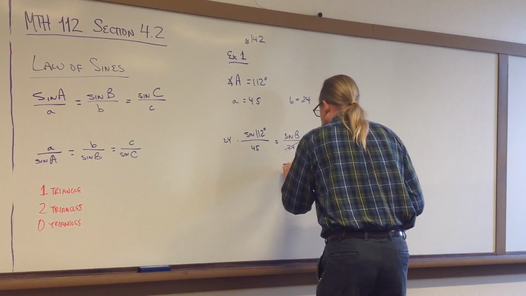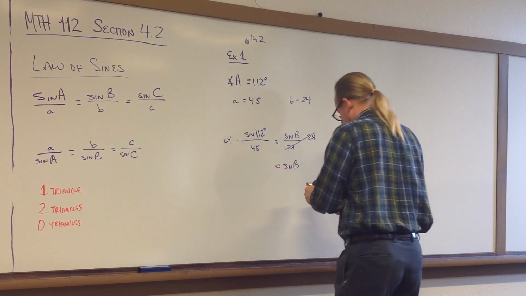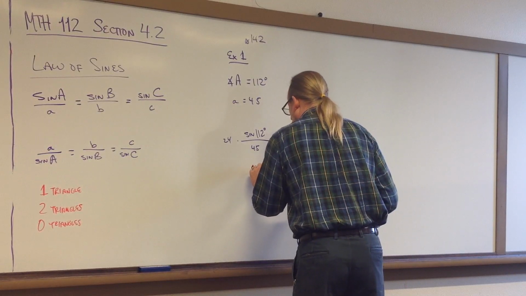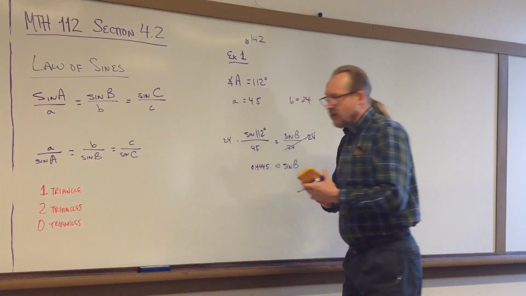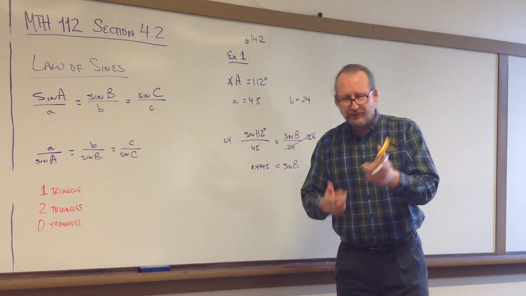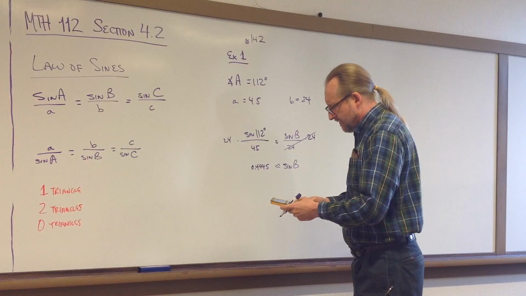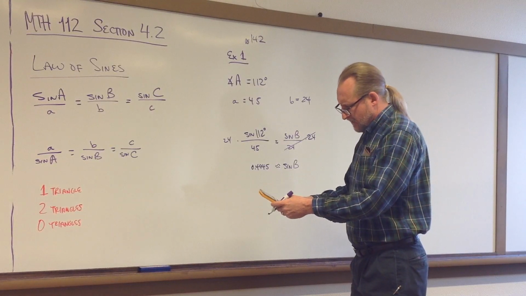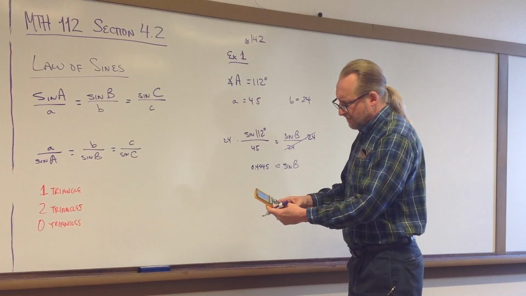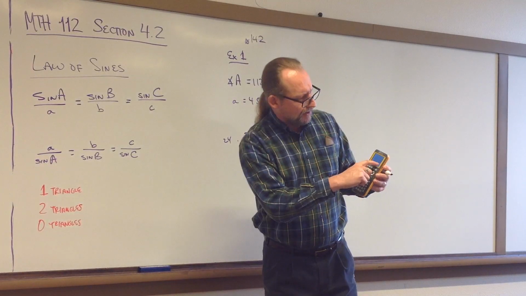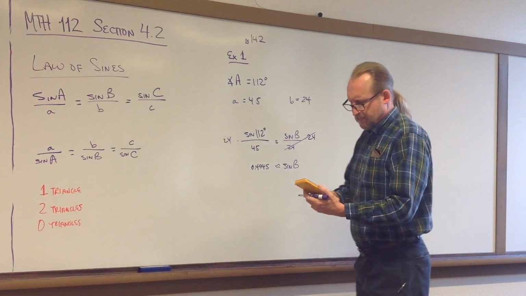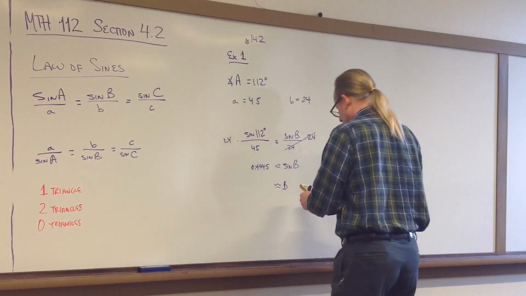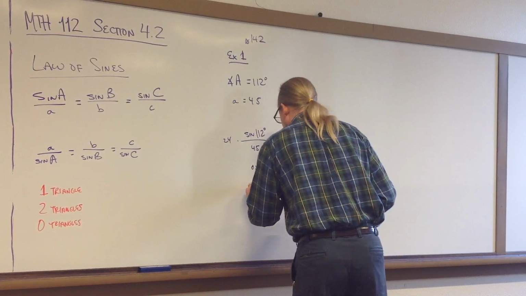That says the sine of B is going to be about 0.4945. I'm rounding it off to write it down, but I've got the full value on the calculator. So when I do inverse sine, I'm not going to round it off. I'm just going to use the second negative sign to get that full answer into the inverse sine. And that tells me that B could be 29.6 degrees.